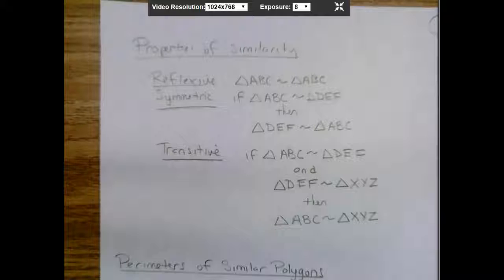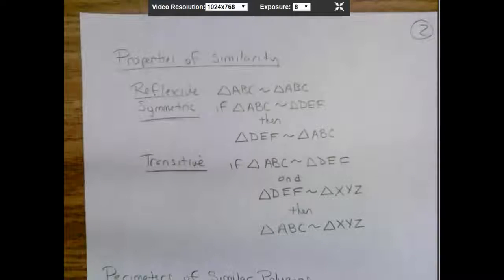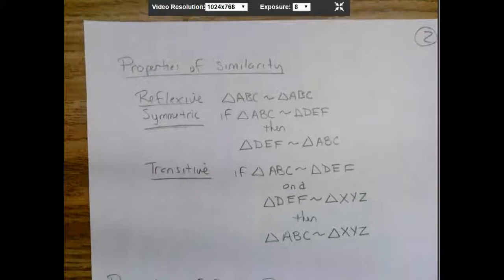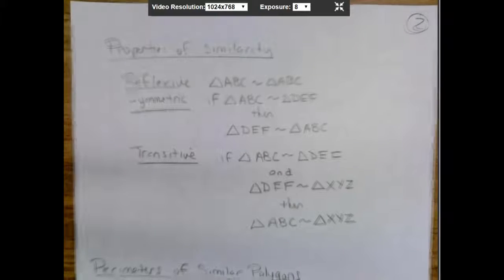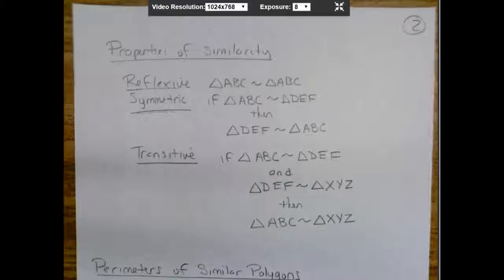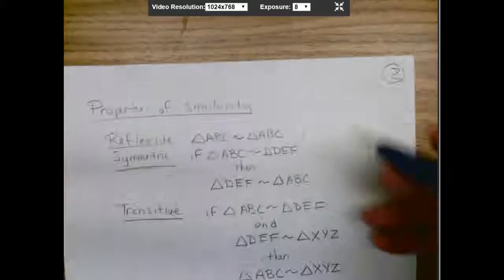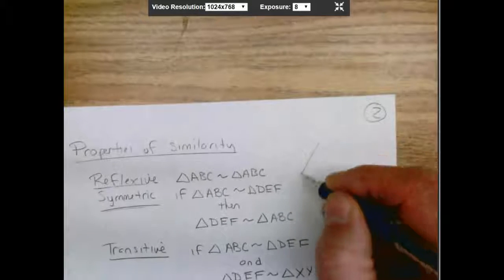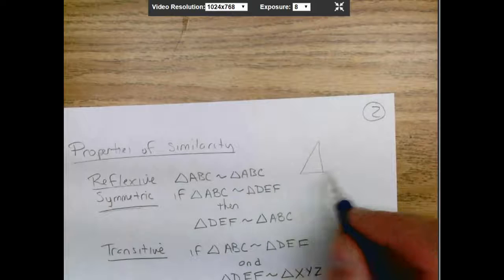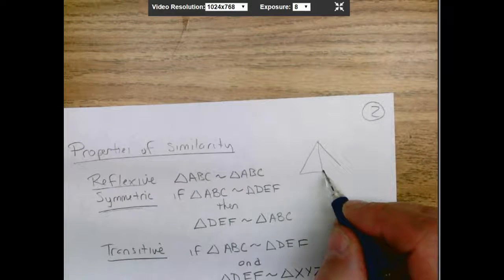We should also remember that there are some things we use for proofs that are also true with these similar polygons, starting with the reflexive property. So triangle ABC is congruent with triangle ABC. This ties into, let's say we have a triangle with a bisector through it.